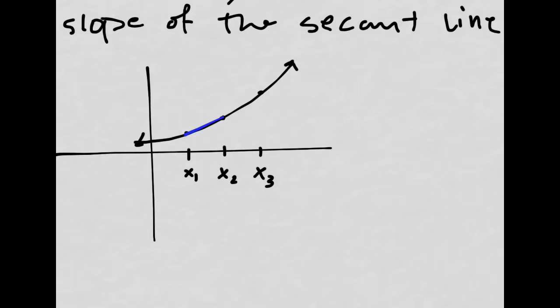This slope will be less steep than this slope, which would be less steep than that slope. So the order is important. I think we had a question like this on some review, where you were supposed to put them in order, like which approximation was which.